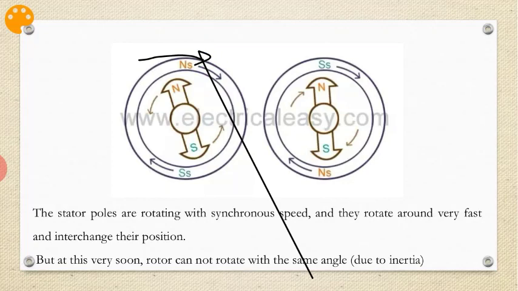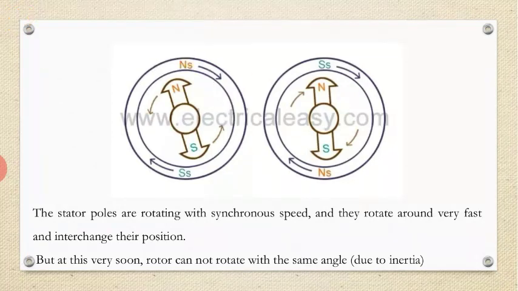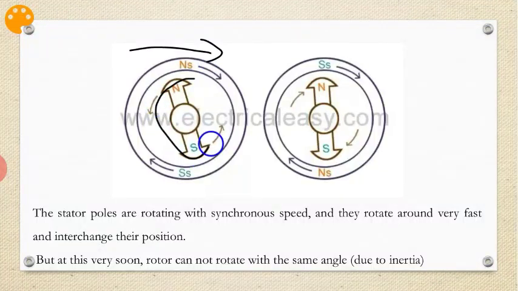Assume that it is rotating in this direction with speed Ns equal to 120f by P. So this is our rotor. The rotor has fixed poles because we are exciting it with DC supply.